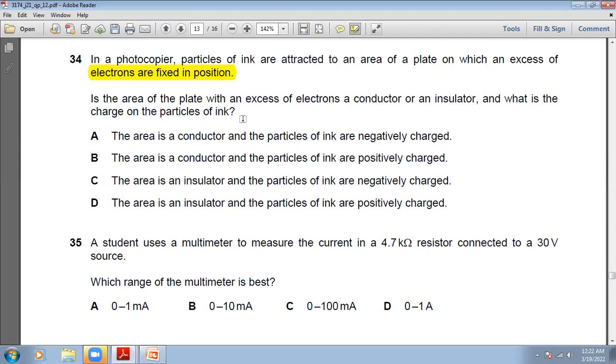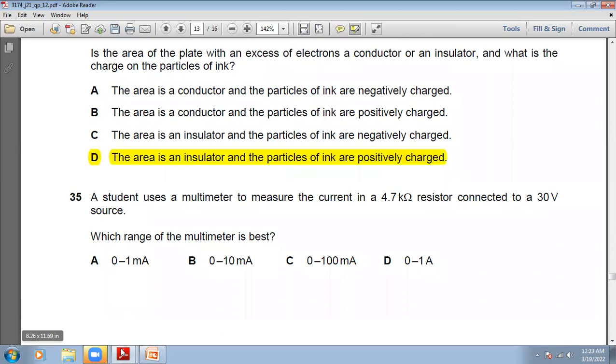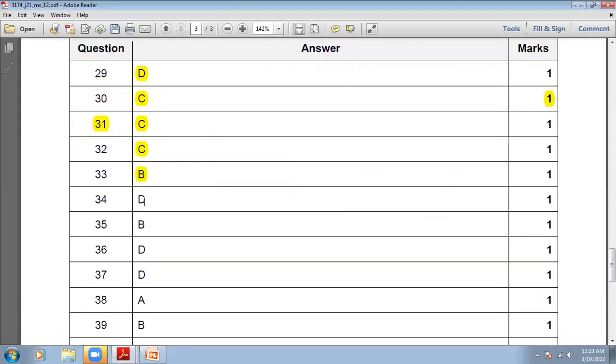That is wrong. The area is an insulator. Yes, that's true. And the particles of the ink are negatively charged. That's wrong. The area is an insulator and the particles of the ink are positively charged. Yes, the ink should have opposite charge. So I think D is the right option, sir. Question number 34, D looks the right option.